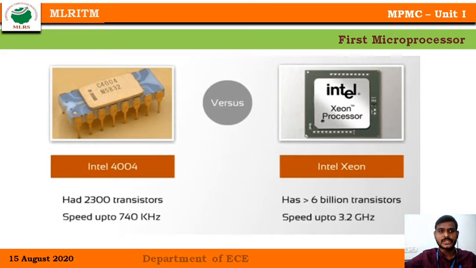The Intel 4004 ran at 740 kilohertz, whereas the latest processor, if I consider the Intel Xeon, consists of more than 6 billion transistors and runs at up to 3.2 gigahertz, and the latest processors can have even more speed.